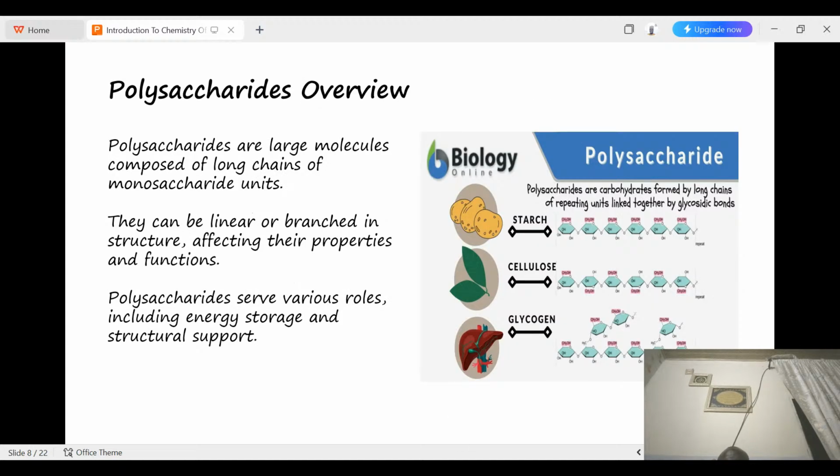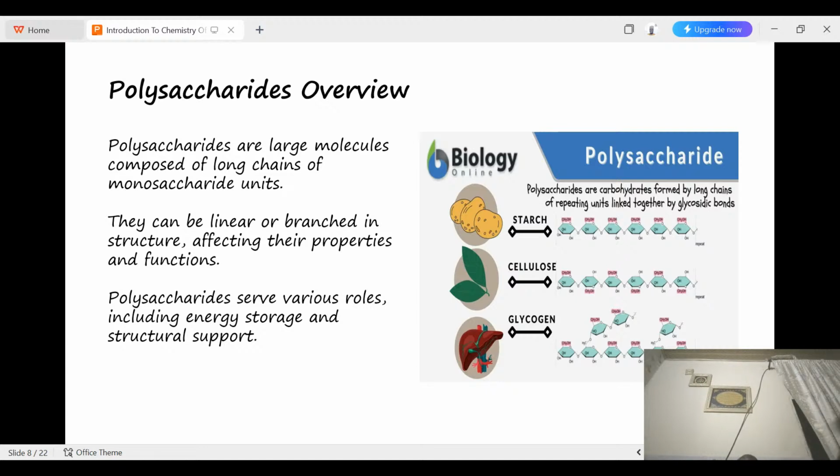The next thing we are going to look at briefly is polysaccharides. These are large molecules composed of a long chain of monosaccharides.